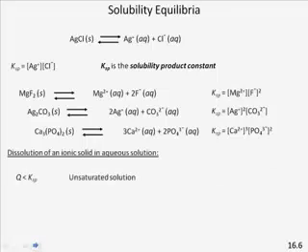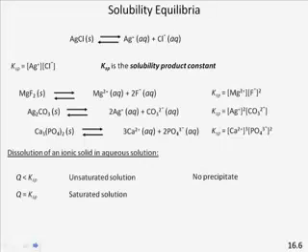Now, let's tie this back to things we've talked about. If we're comparing a reaction quotient to our equilibrium constant, the KSP in this case, if Q is less than the KSP, we have an unsaturated solution. If Q is equal to KSP, we are at equilibrium, which means we have a saturated solution.